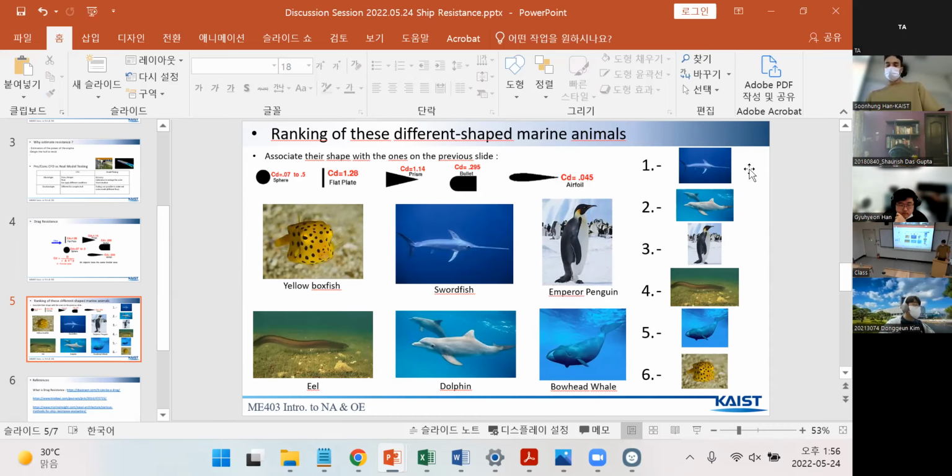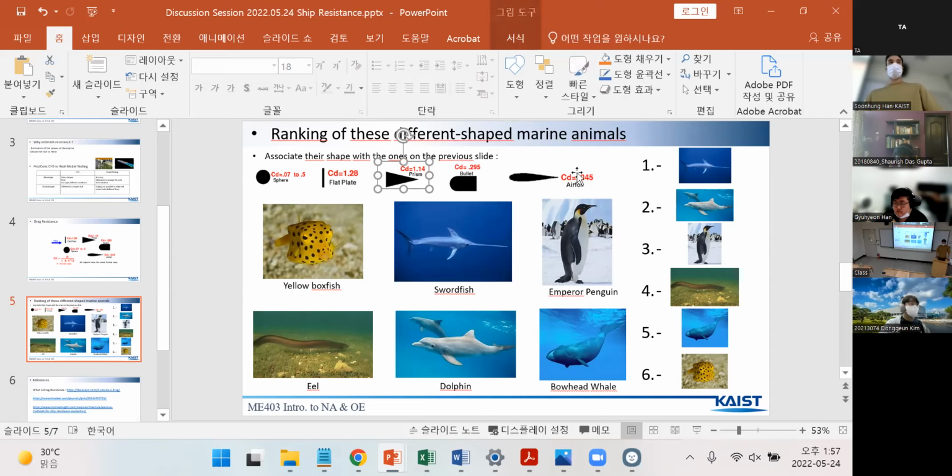So, for example, can you try to associate any of the animals with these different shapes? For example, the whale, the way it looks like the bullet.